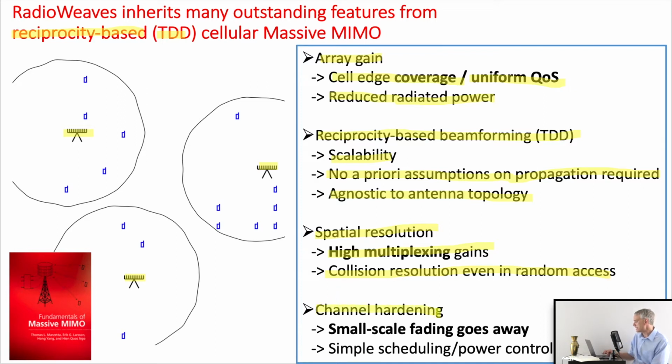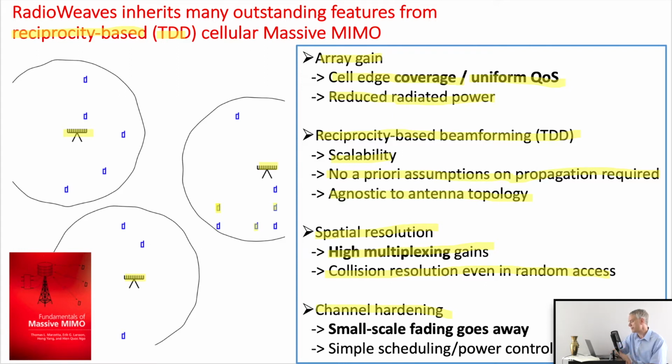Channel hardening is an important phenomenon that's seen in massive MIMO systems. Essentially, it means that the effective channel that each one of the terminals sees is nearly deterministic, so it fluctuates only very little across frequency and time for that matter, which has the important implication that scheduling over the frequency domain, for example, becomes almost irrelevant.